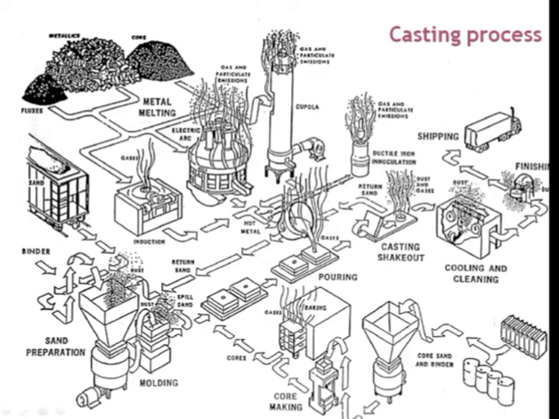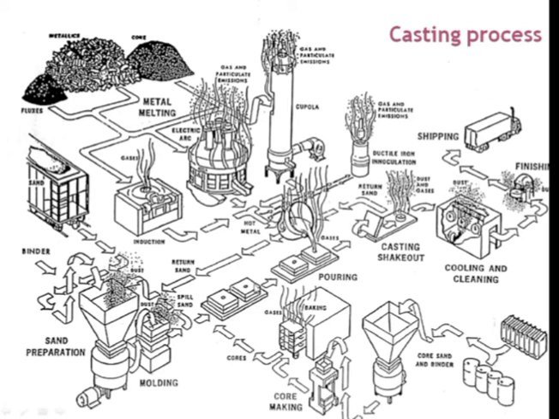So after cleaning and cooling, it comes outside. Then the finishing process is carried out, where the part is finished, or we can say the material removing process is carried out. So your part is now ready for dispatch, and the part is moved for use. So this is the process of casting.